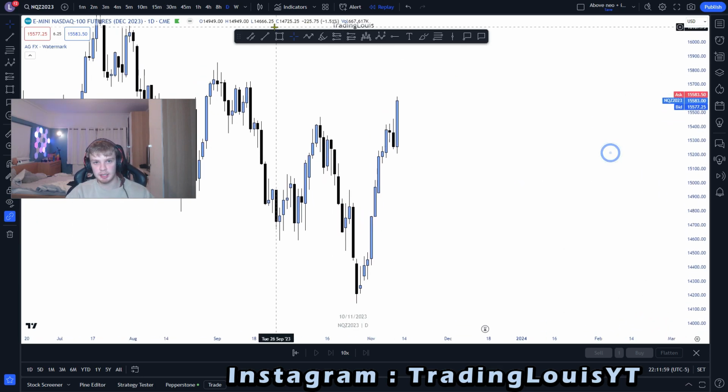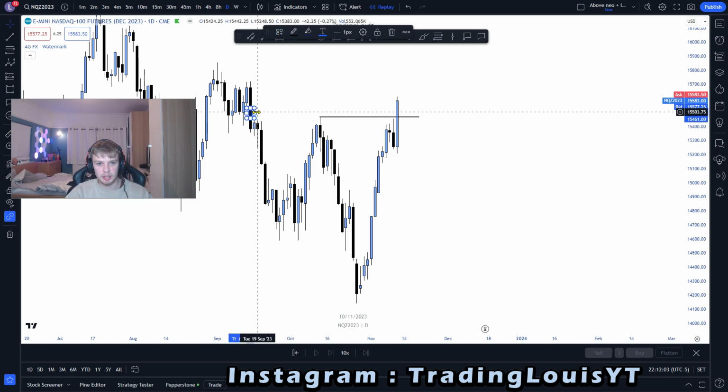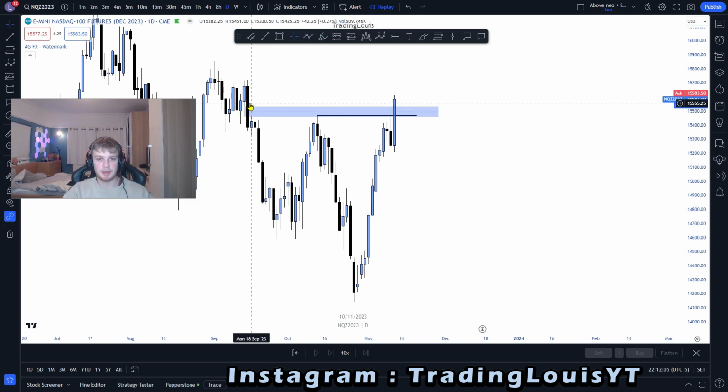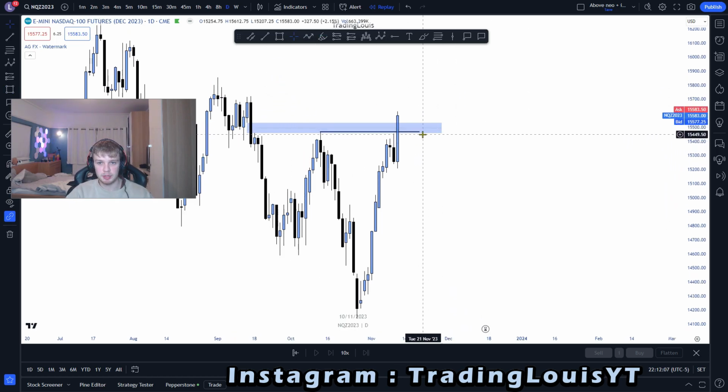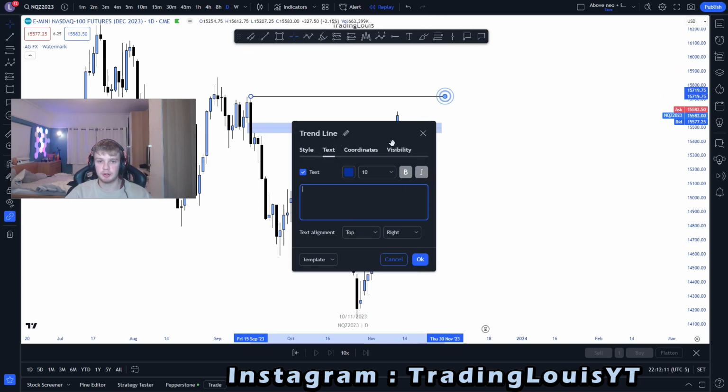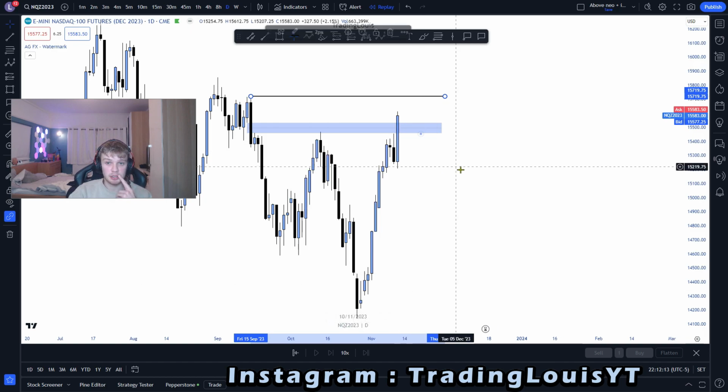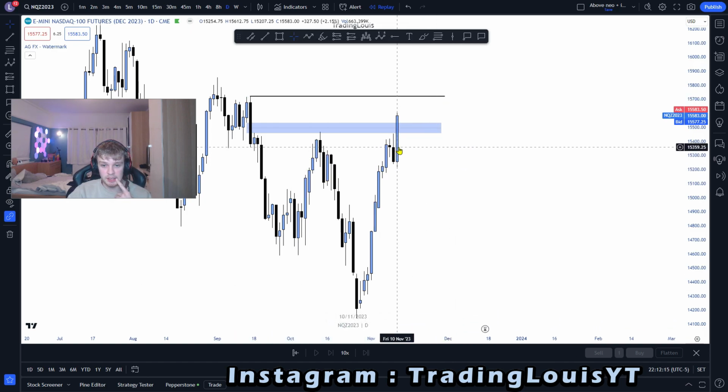Now, as I said earlier, we have just taken this buy side liquidity, and now we have violated this bearish fair value gap. So what I would want price to do next week is come up to this high. So you can go back, look at your charts on Monday the 13th of November to the 17th of November.